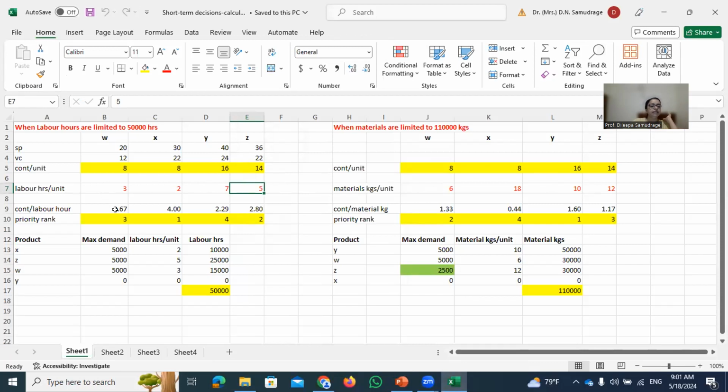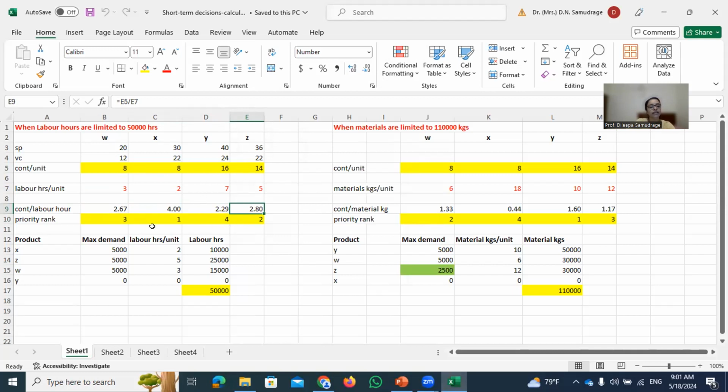Then you can decide the contribution per labor hour, dividing contribution by labor hours, right? So these are the figures. Then you give the priority rankings, right? Because labor hours are limited to 50,000, using labor hours you have to decide the production mix. So you first decide which product gives you the highest contribution per labor hour, and then decide the priority rankings based on that.